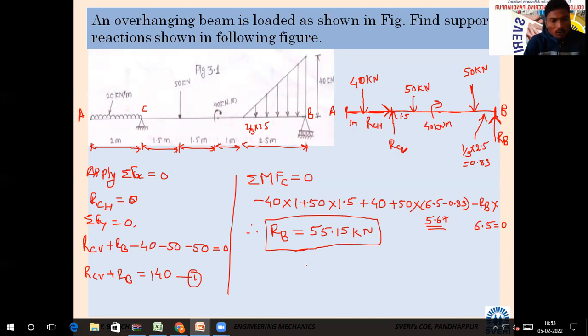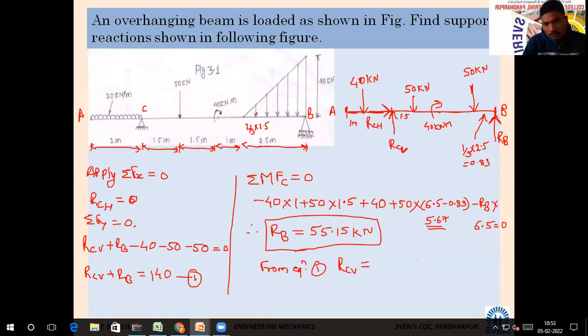55 is the one reaction we found. Now what? From equation number 1, the value of RCV. What will that be? Just check. RCV is 140 minus this much.